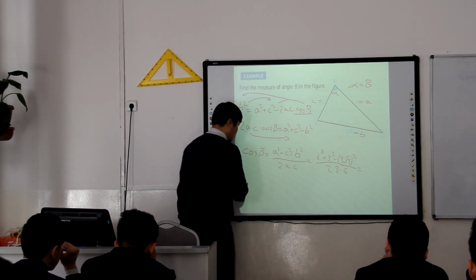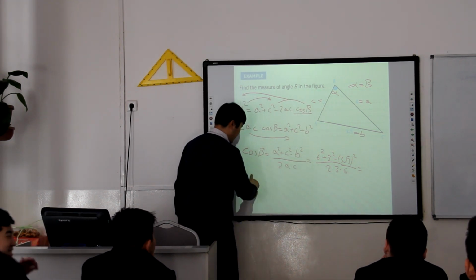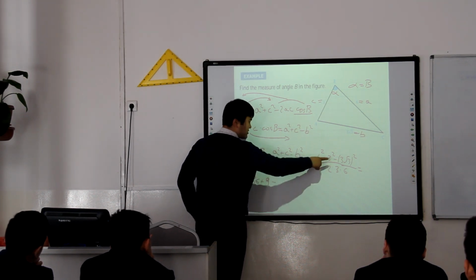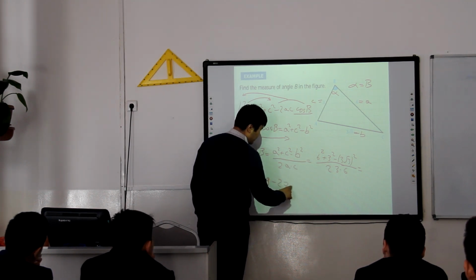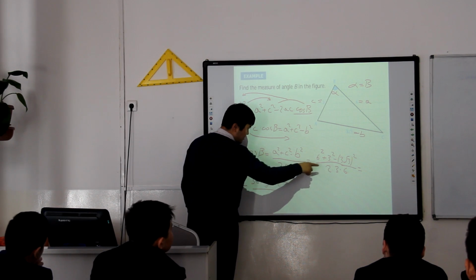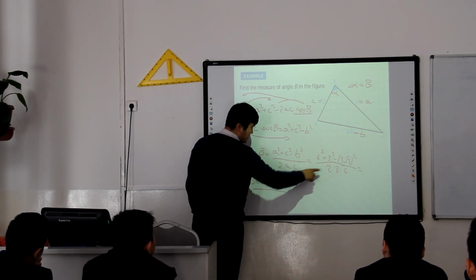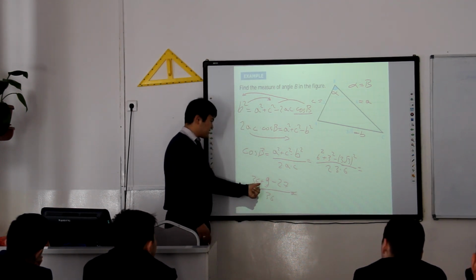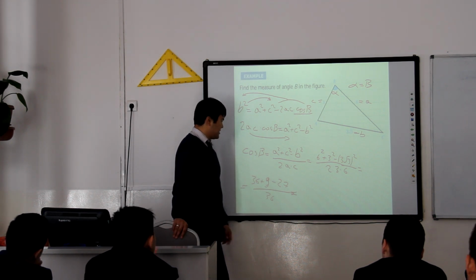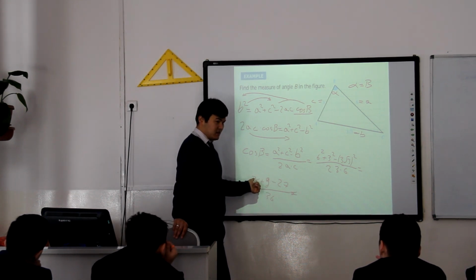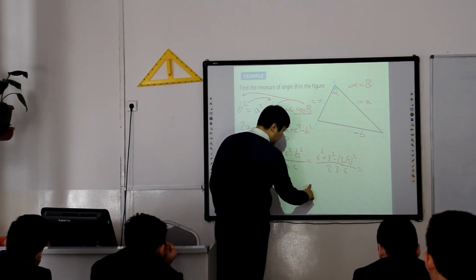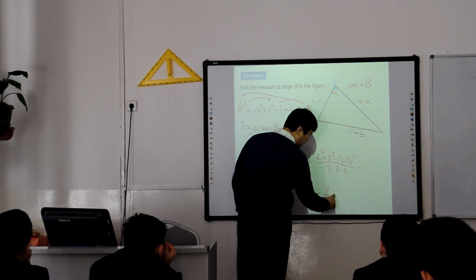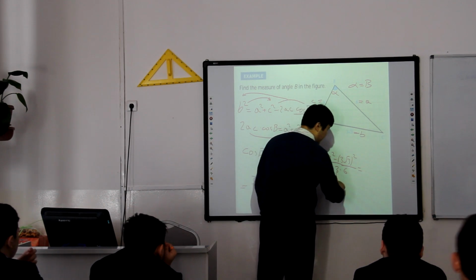This is 36 plus 9 minus 27, over 36. That is 18 over 36, which is 1 over 2.